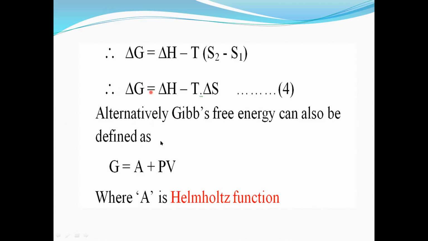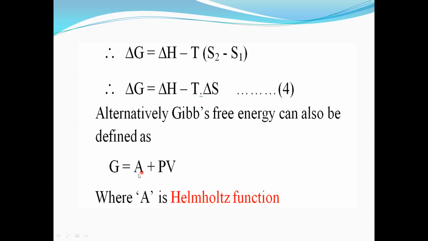of Gibbs free energy. Now the alternative, second definition: Gibbs free energy can also be defined as G is equal to A plus PV, where G is the Gibbs free energy, A is the Helmholtz function.